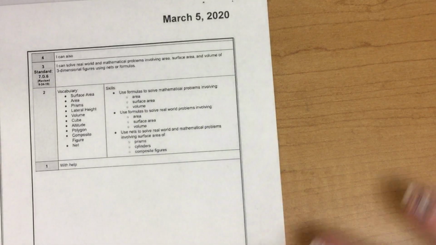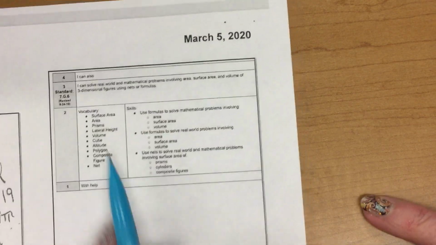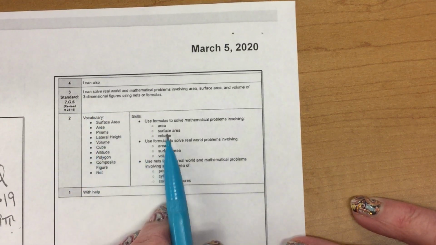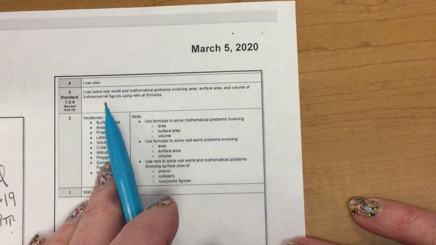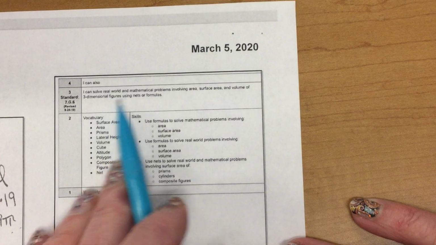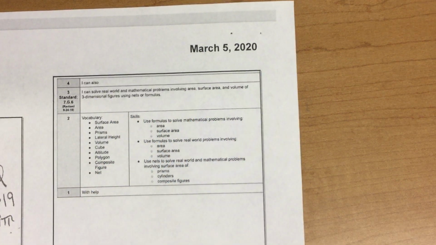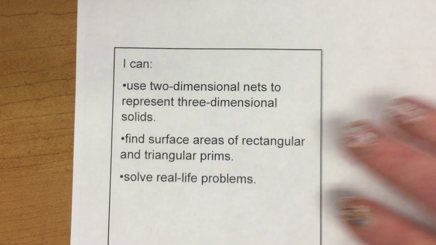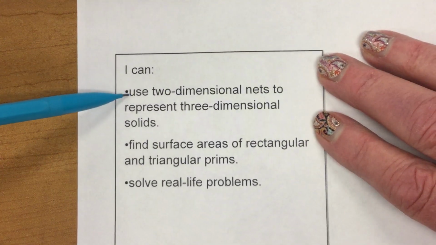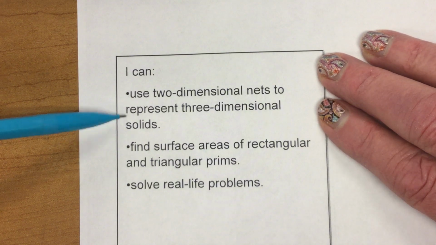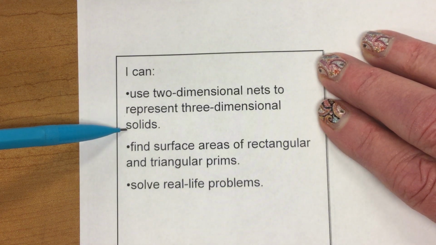So again, our standard to be at a level 3 on our scale, I can solve real-world problems and mathematical problems involving surface area. So our I cans down here, I can use 2-dimensional nets to represent 3-dimensional solids, pyramids and cones.